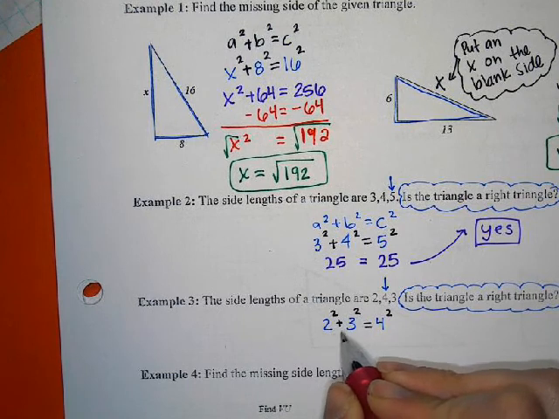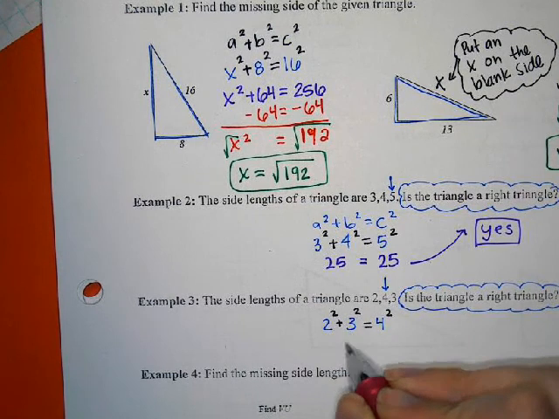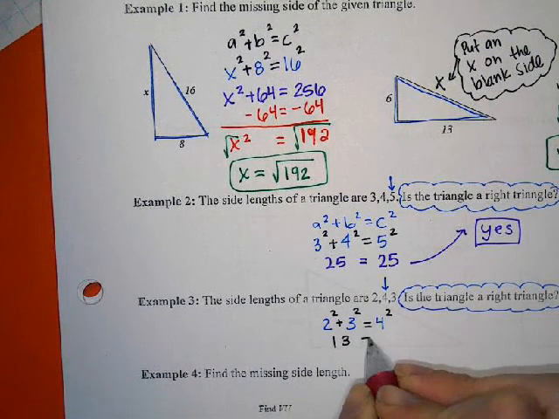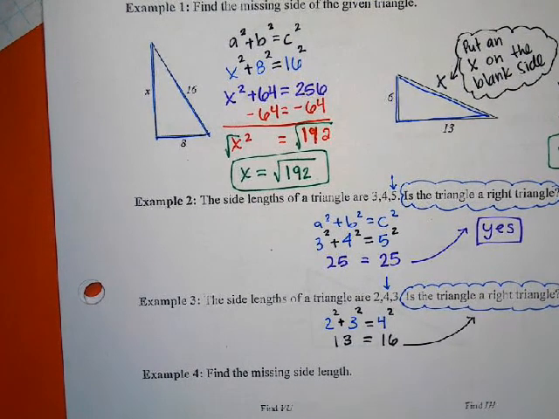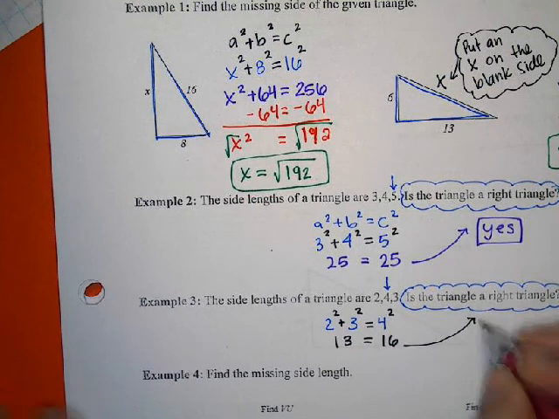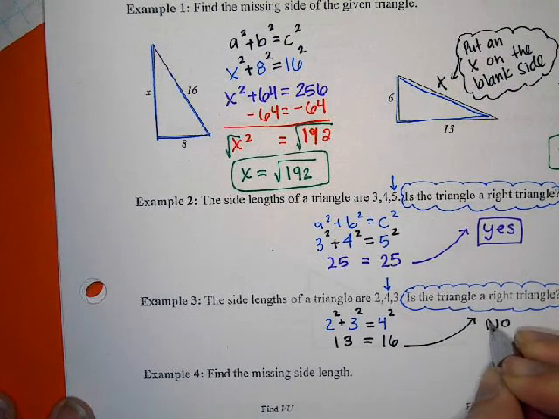I'm going to check 2 squared plus 3 squared, that'd be 4 plus 9. 4 squared is 16. Is that a true statement? 13 is not equal to 16, so this is not a right triangle.